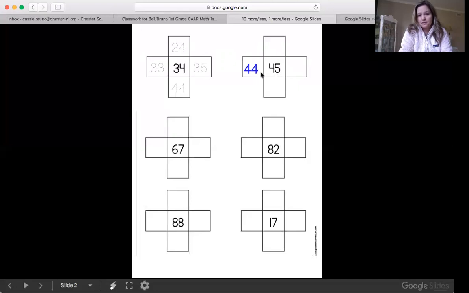See, the ones place is what's changing. 44, 45, then comes 46. Good. Now we're going to the tens. Remember, the tens place is going to change. So 10 less than 45 is 35. 45, then 55. See, the tens place is changing.